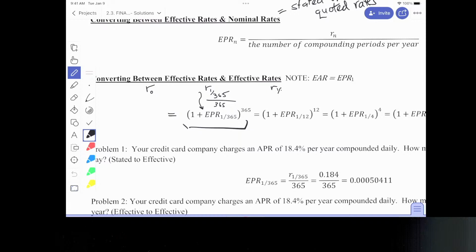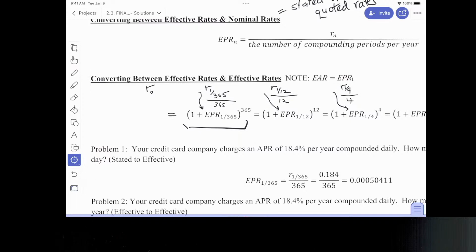The stated monthly rate from the bank for a mortgage, we would have to divide by 12 to get the effective monthly rate. The stated quarterly rate, if it was given to us, would have to be divided by 4 to get the effective quarterly rate. So I'm using part 1 above to talk about stated rates.